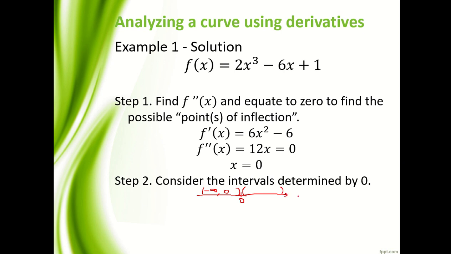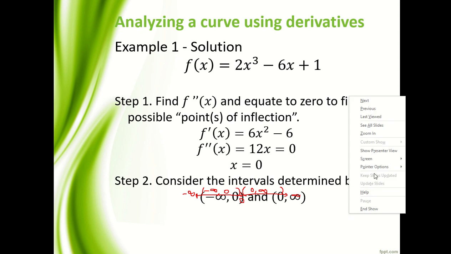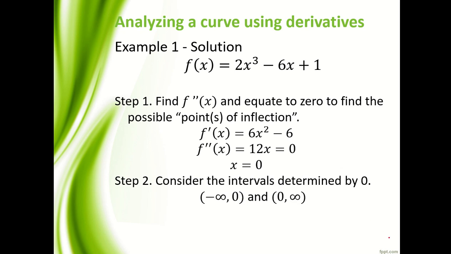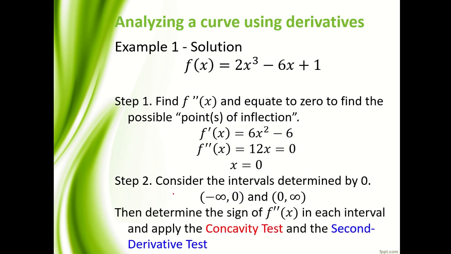Take note, to the right we have the positive infinity, and to the left we have the negative infinity. So these are the intervals. This is the result of our step number 2.